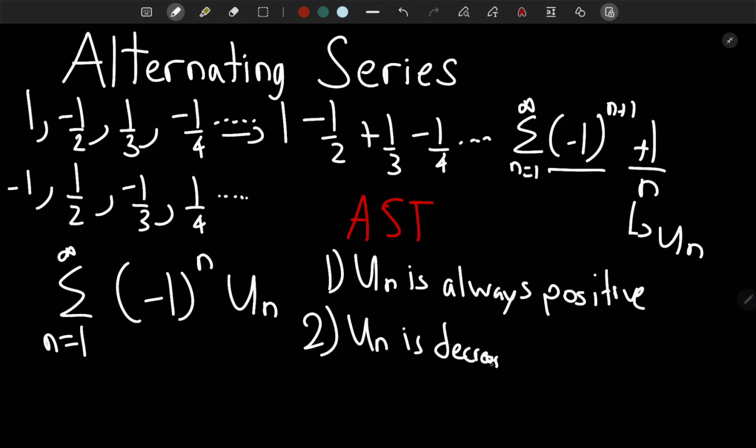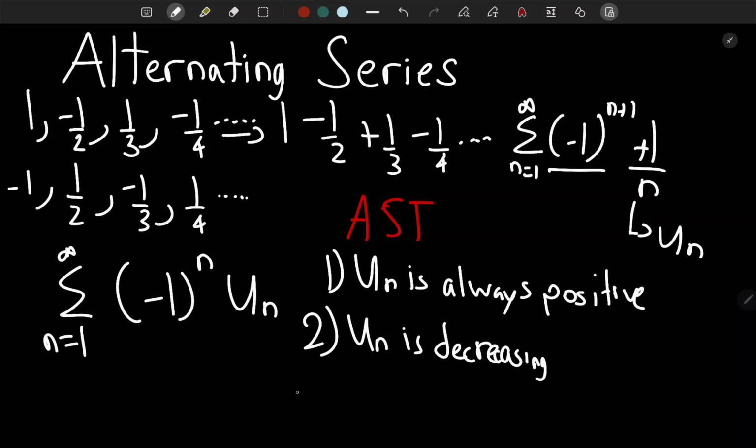What I mean by this is, as n is approaching infinity, we want u of n to be decreasing. If we check that for our example, as n increases we will have 1 over 1, 1 over 2, 1 over 3, 1 over 4, and so on. So it also satisfies the second condition, right?